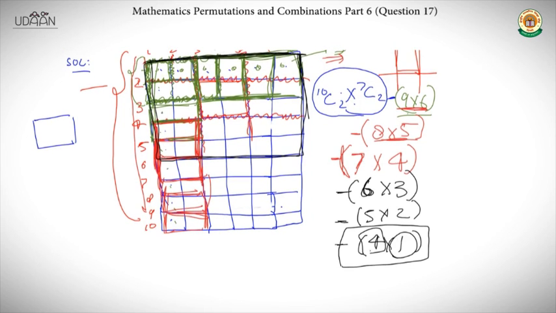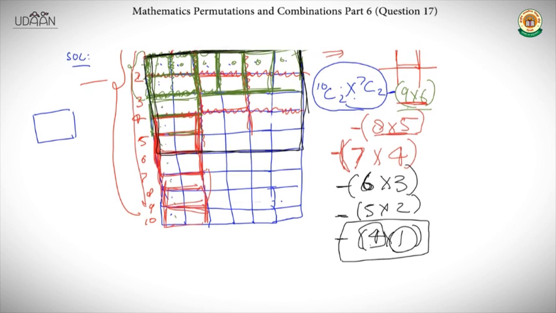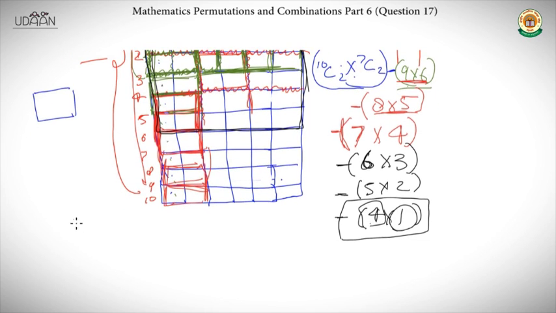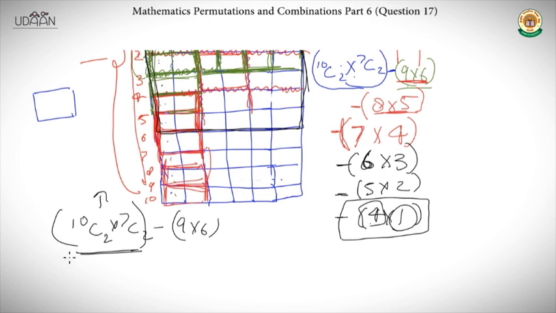So we can say that the total number will be 10C2 into 7C2. That is the total number of rectangles minus 9 into 6. These are not the total number of rectangles. Basically, these include the squares also. So these are the total number of four-edged geometrical figures.